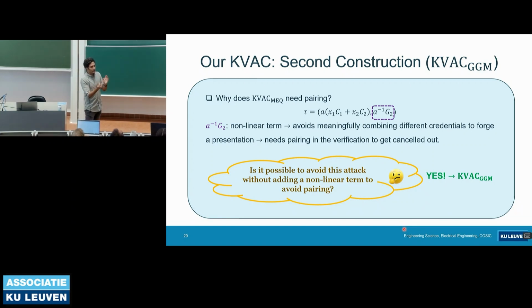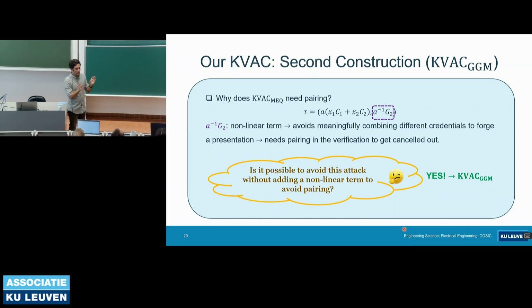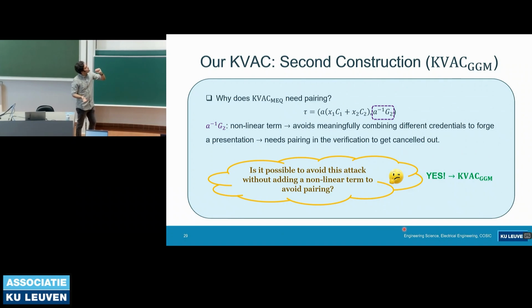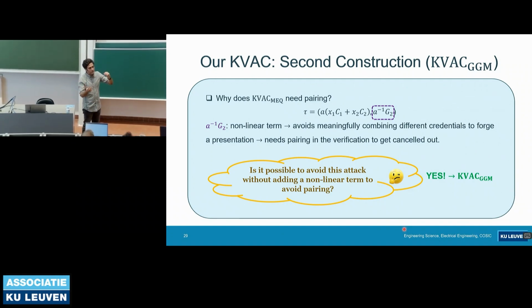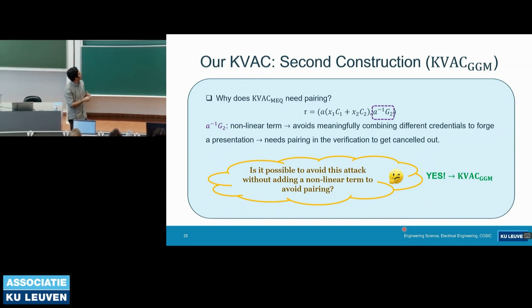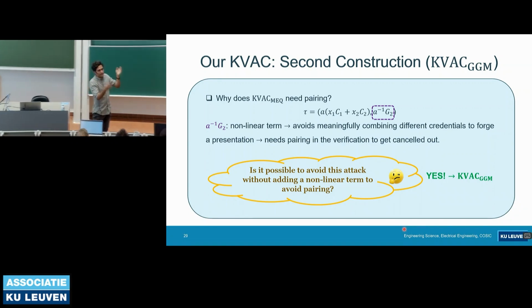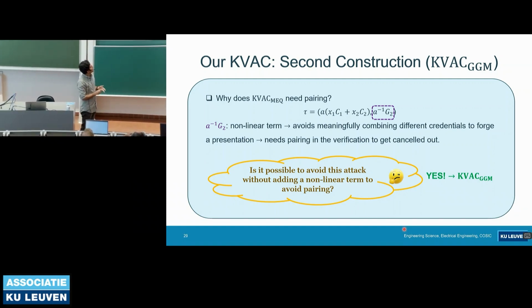So in our tag, in order to make it unforgeable, we needed to add a nonlinear term a^-1 G2 in the second group element of the tag. So this avoids some attacks like meaningfully combining different credentials to forge a presentation for a set that the issuer didn't give access to previously. So we need this nonlinear term so that we avoid these combinations like adding different tags together so that we can achieve a valid tag.